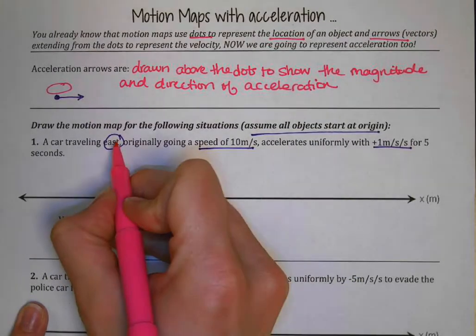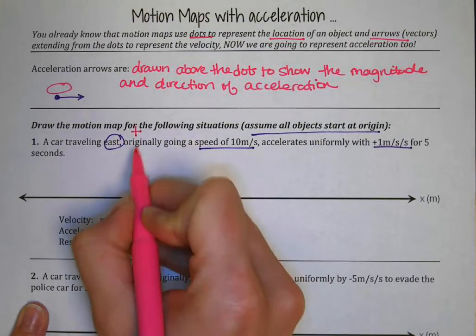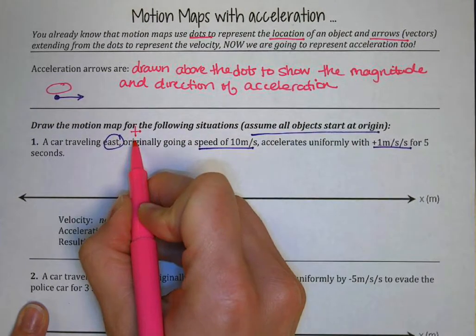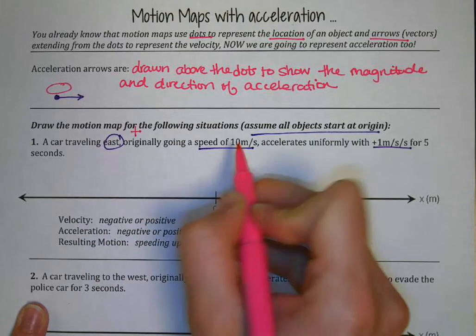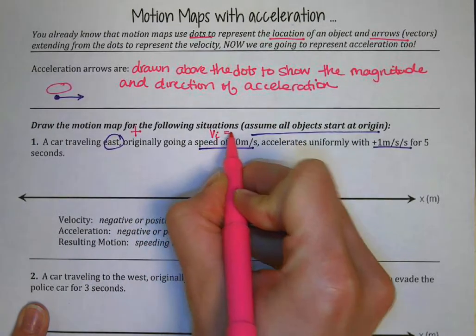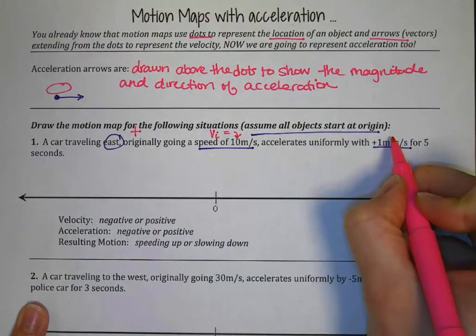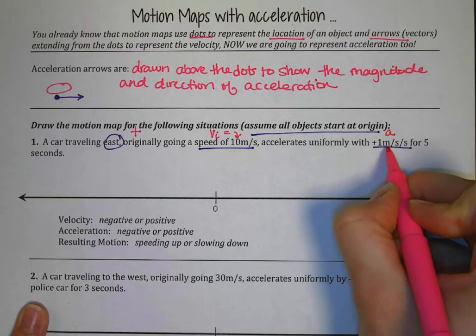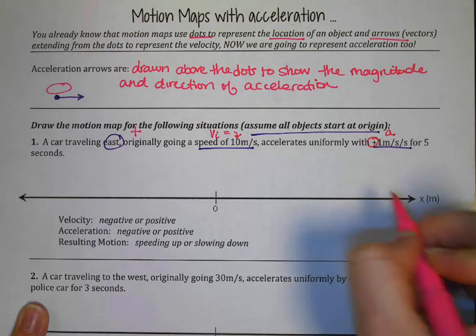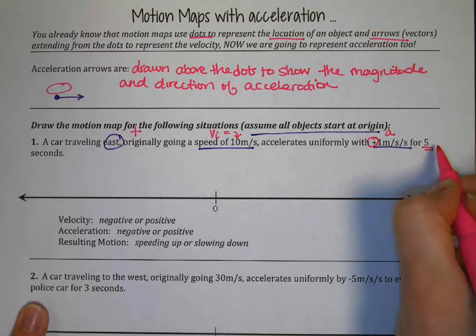Traveling east tells me my direction of motion is positive. That means my velocity vectors should be pointing to the right. My initial velocity, or initial speed, is equal to 10 meters per second. My acceleration is equal to 1 meter per second, and it's in the positive direction as well. The time that we're looking at is 5 seconds.